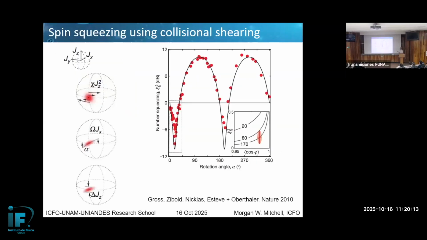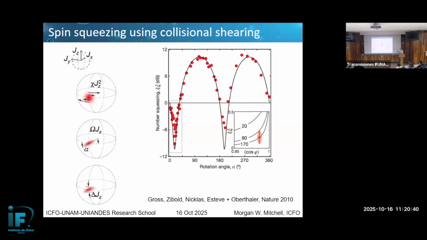Okay, this is again the same paper, this is data, and this shows the shearing. This is illustrating the shearing process. They first shear, then they rotate by some angle, and then they measure the number. They measure the number in F equals 1, F equals 2, and they measure that Jz component. Then they do this many times and they get statistics.